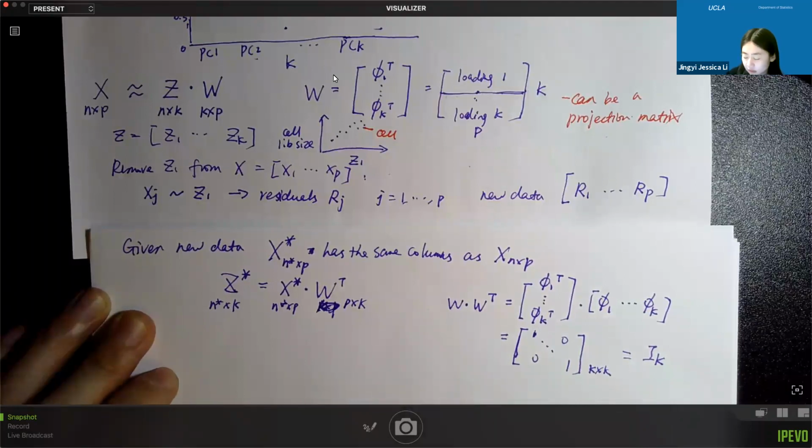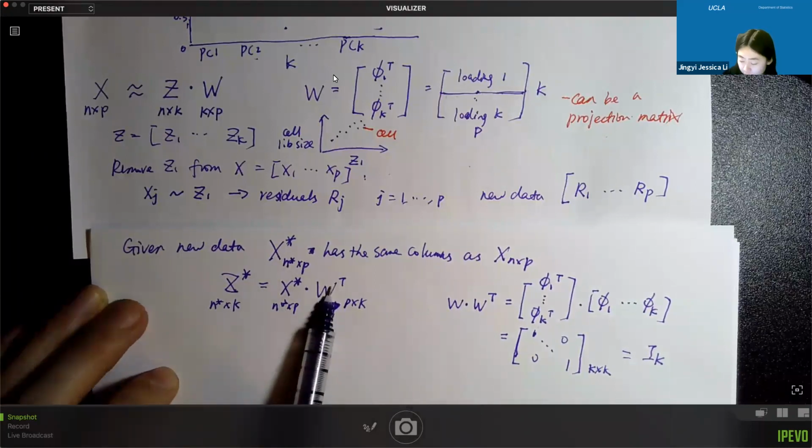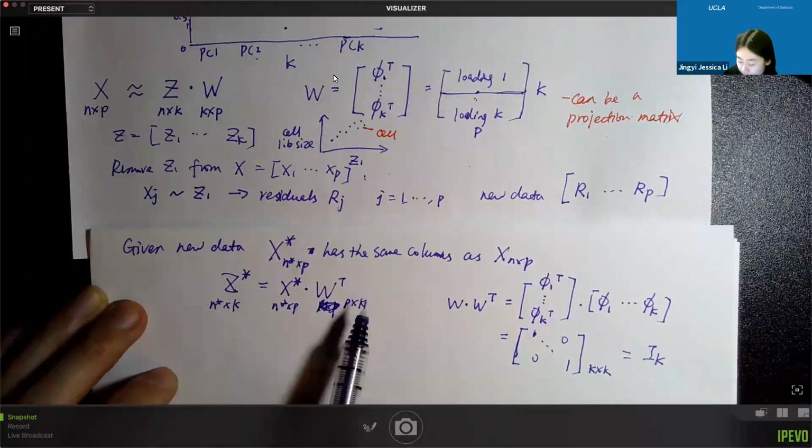So you can consider it as what? Whenever we multiply a matrix by doing the right multiplication like this, we are transforming the data from P dimensions to K dimensions.